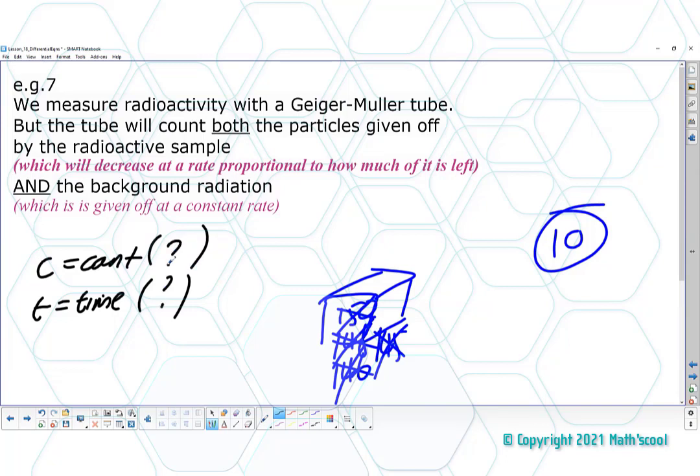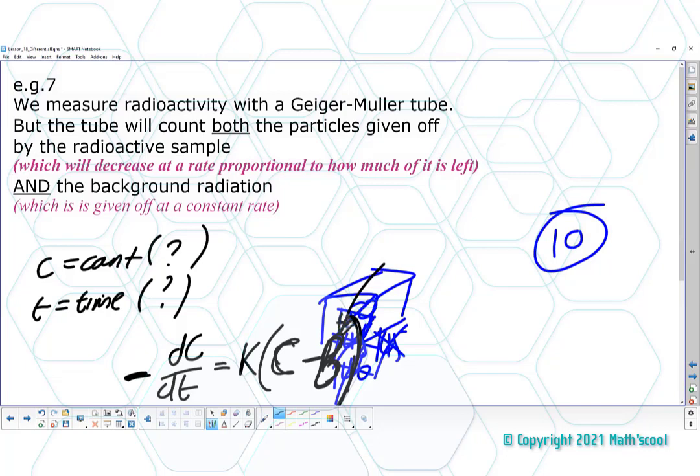Anyway, can you form my differential equation for me, Michael? dC/dt equals k times (C minus 10). Yeah, C minus whatever the background is. If we know what the background is, C is a variable.